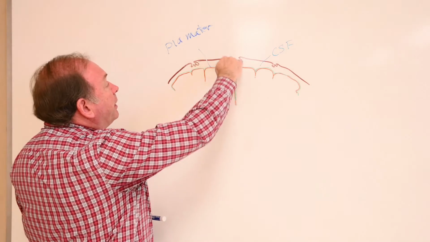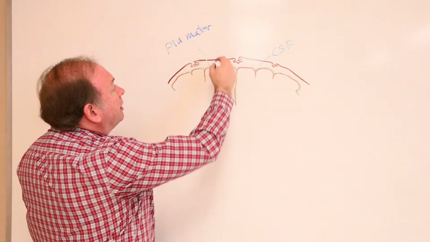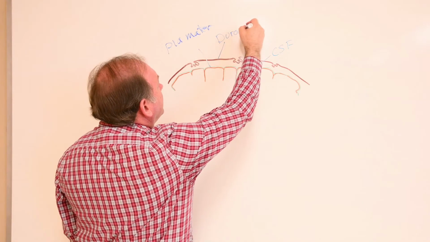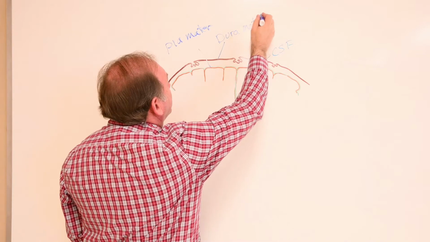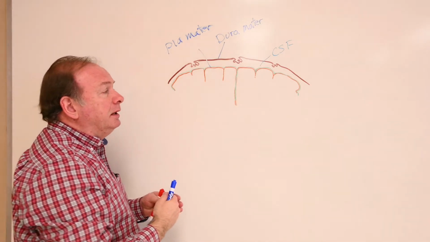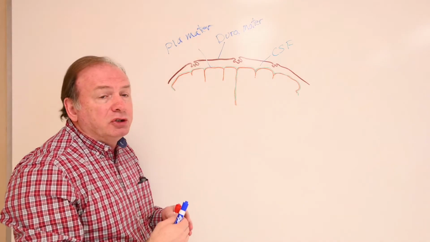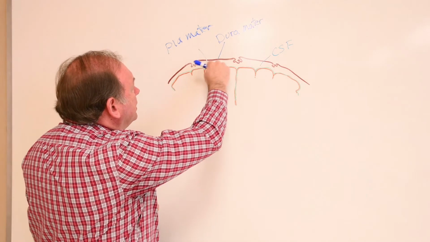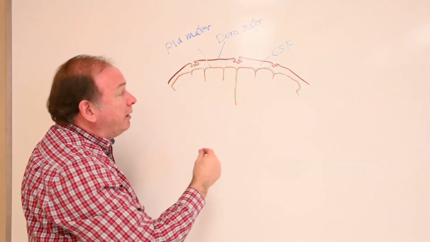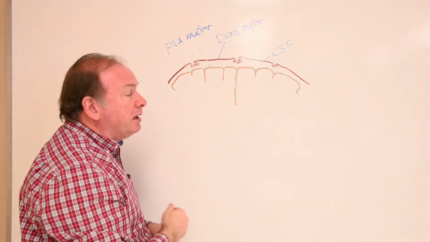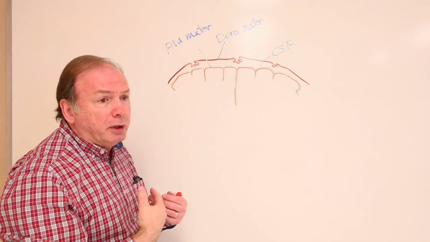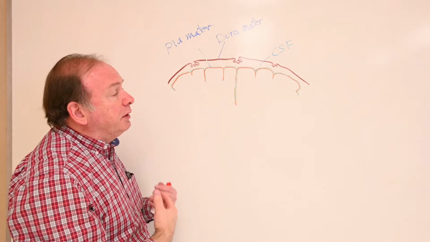The most outside layer of membrane is represented by this brown line, and that's called the dura mater. It's a very tough layer of connective tissue, unlike that pia mater, which is a very thin, fragile, very transparent layer that lies right on the surface of the brain, very much like a peritoneal covering or a visceral pleura would lie on the surface of an organ.